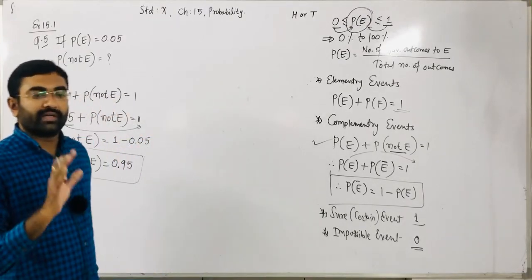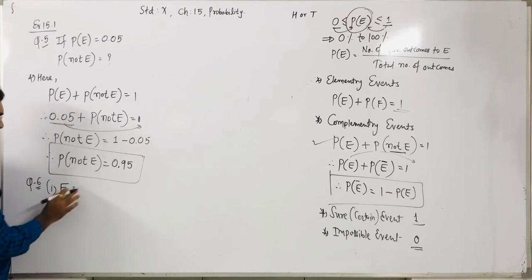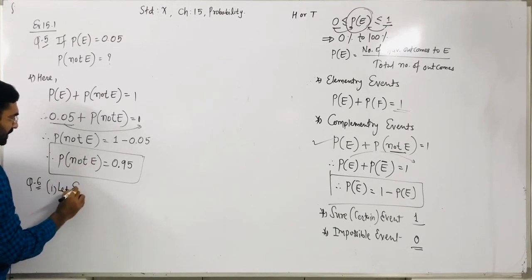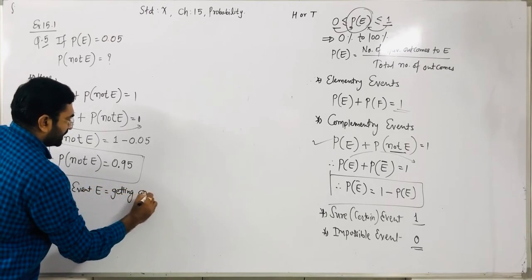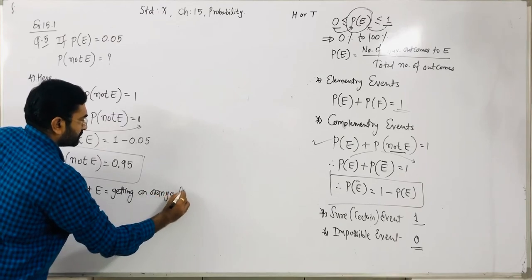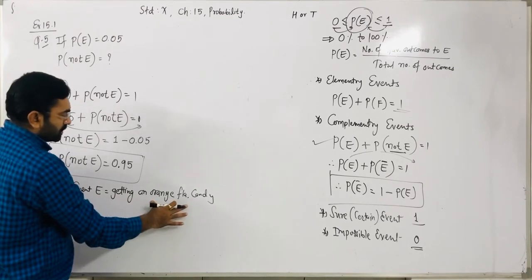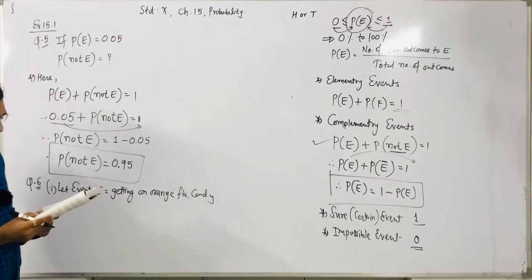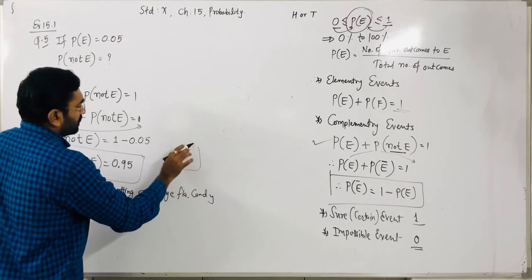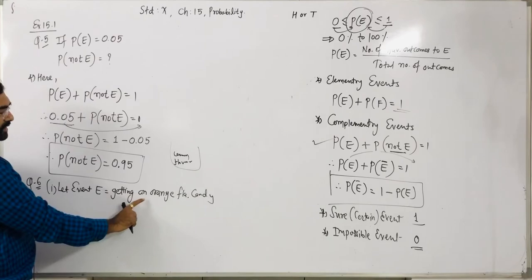So what do you have to take? Whatever the question, for that you have to take its event. We have to find the probability of getting an orange flavor candy, so let event E be getting an orange flavor candy.